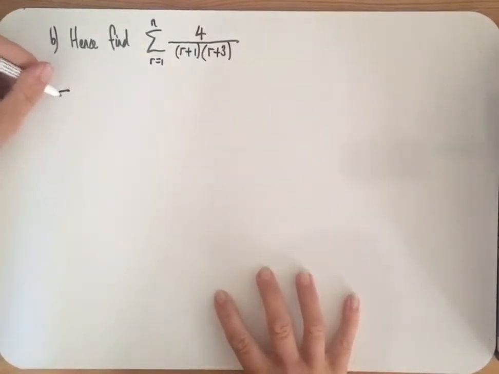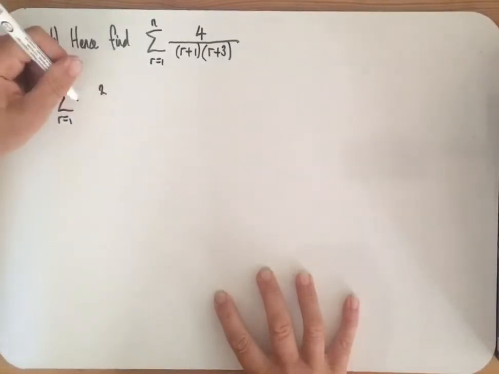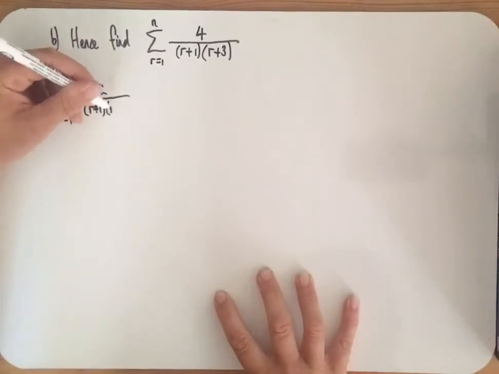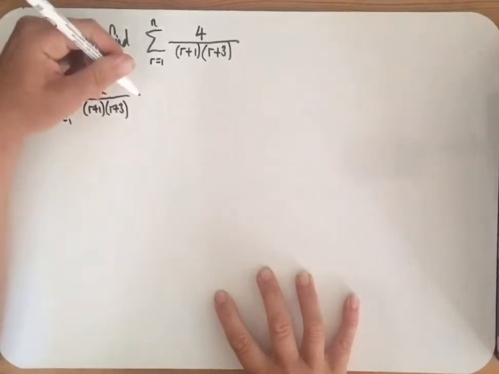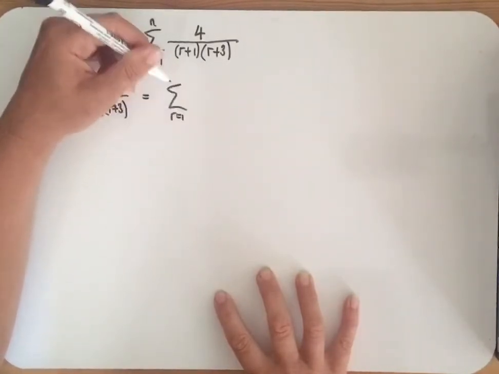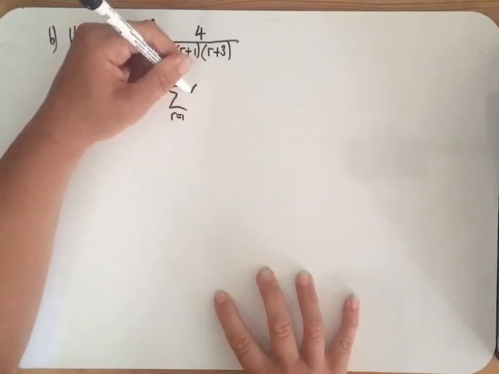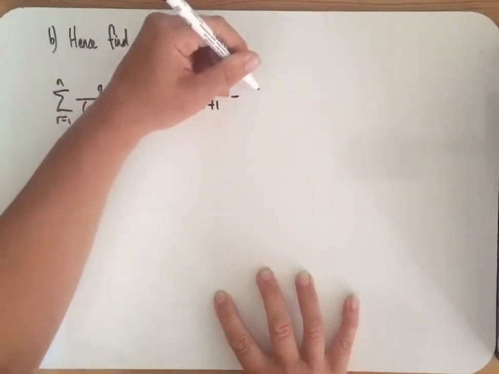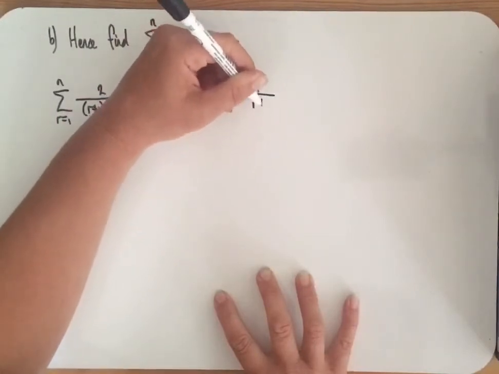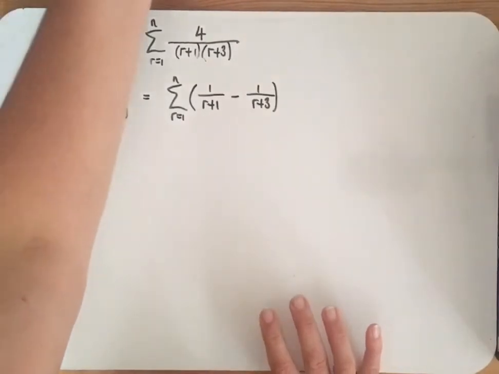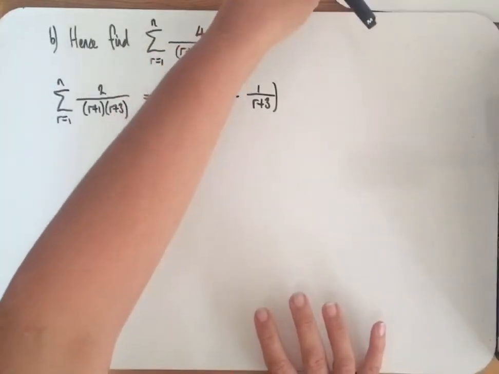So the sum from r equals 1 to n of 2 over (r+1)(r+3) is going to be the sum from r equals 1 to n of those partial fractions. So 1 over r plus 1 minus 1 over r plus 3. And then same method as before.